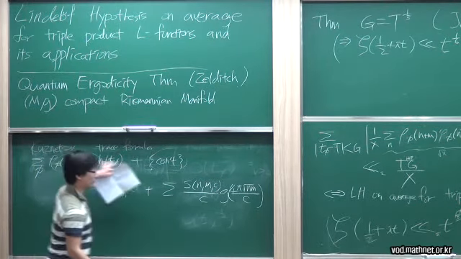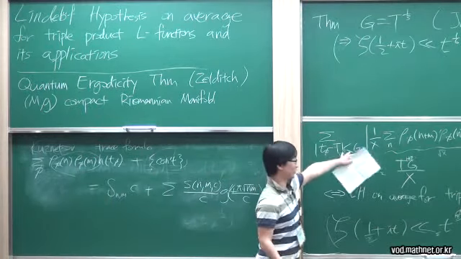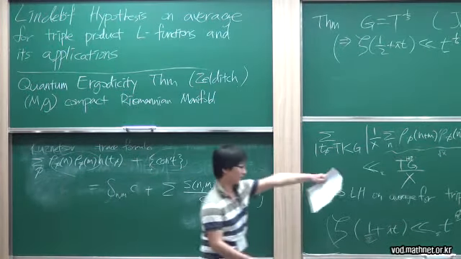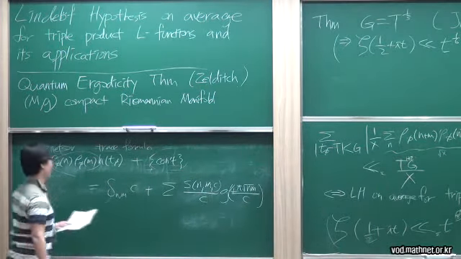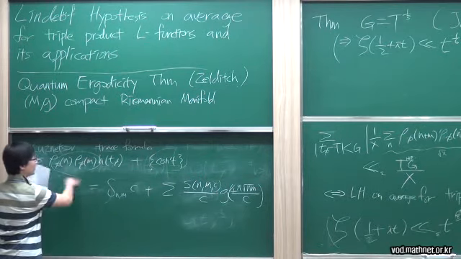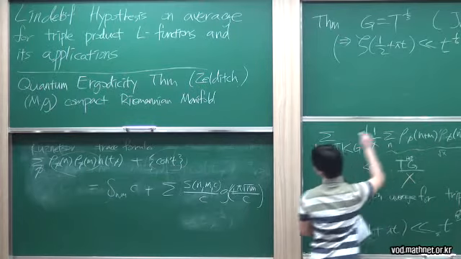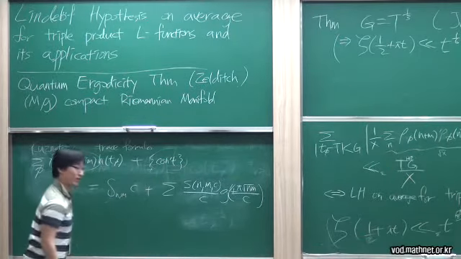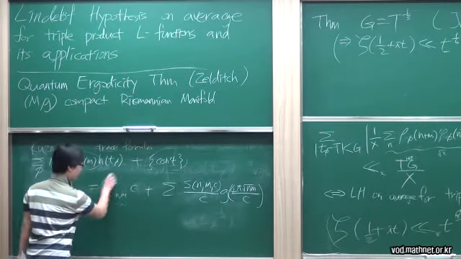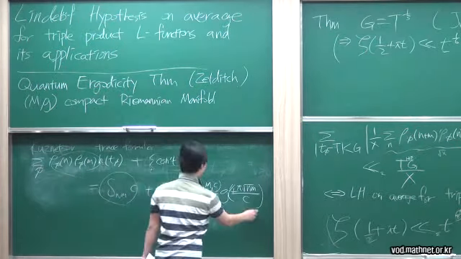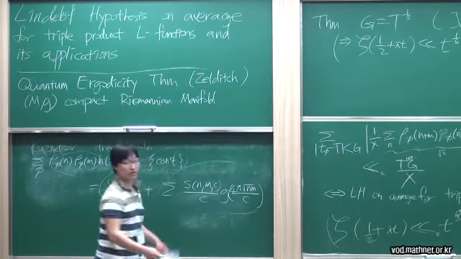So if I apply the Kuznetsov trace formula to this after transforming like that, then I'll be getting this sum being less than some main contribution plus some off-diagonal contribution.